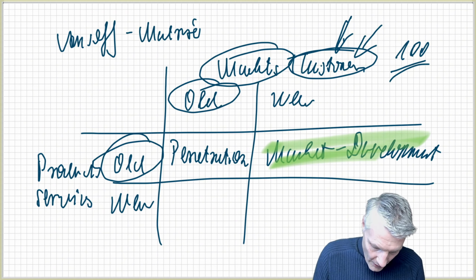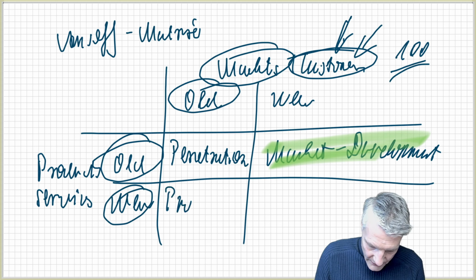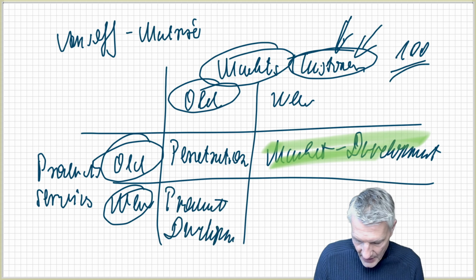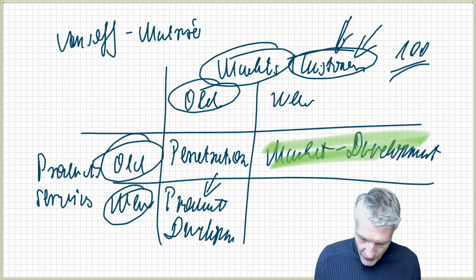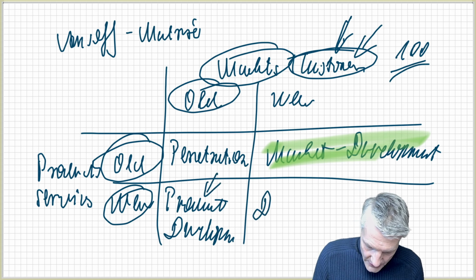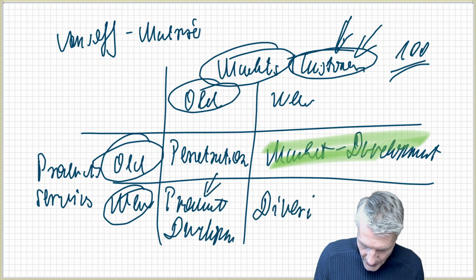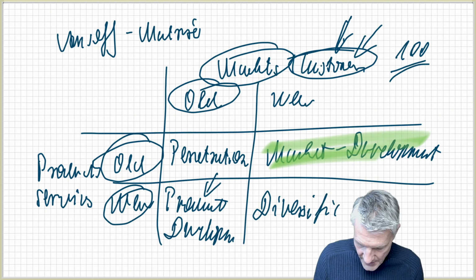The third option is then, on old markets with new products, we call that product development. Product development is really launching a new product. And the last one, new products on new markets, we call that diversification.